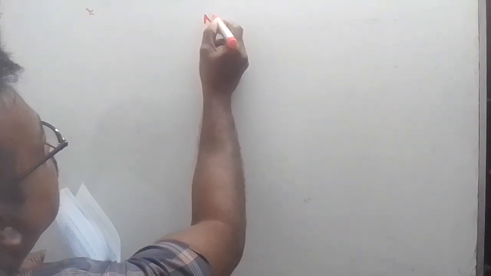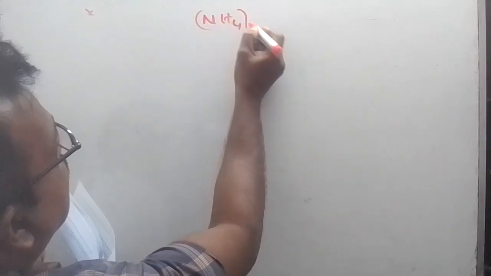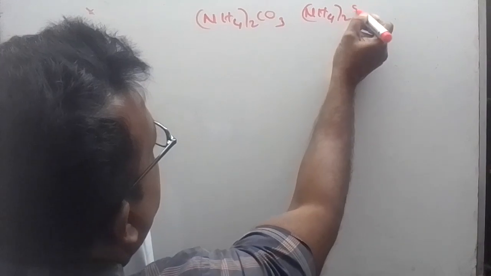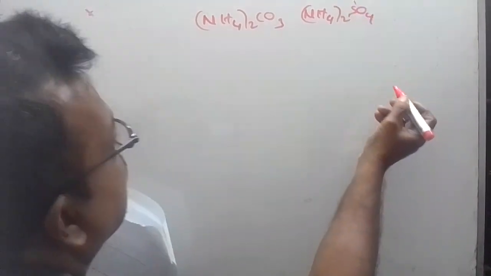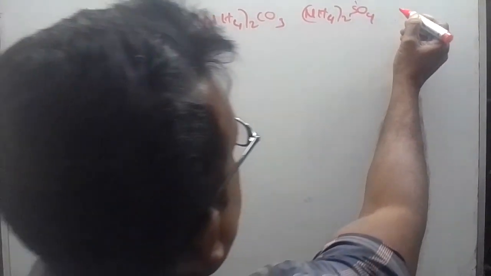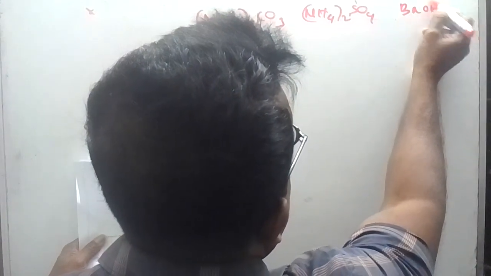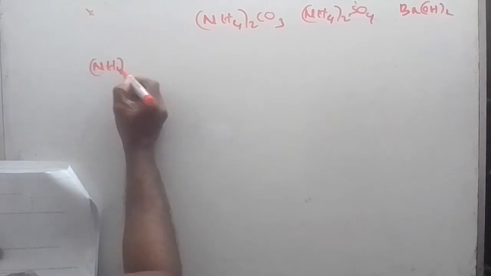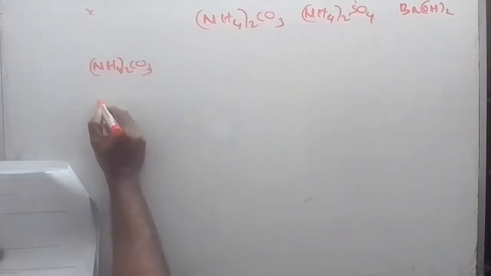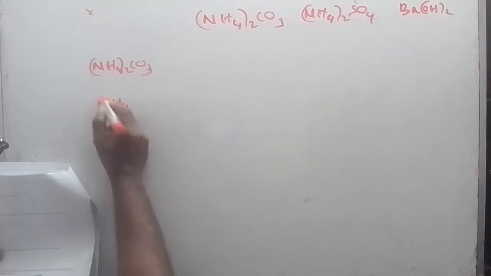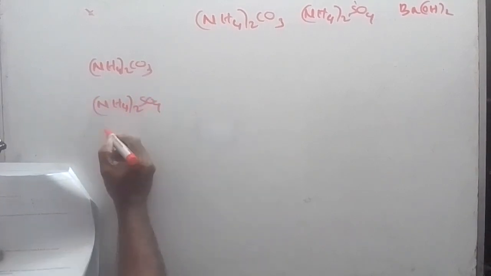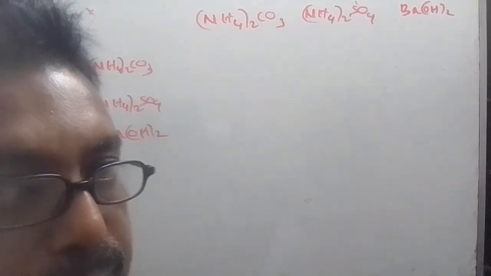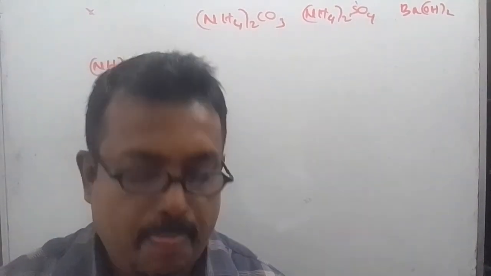You can write a table like this: ammonium carbonate, ammonium sulfate and barium hydroxide.